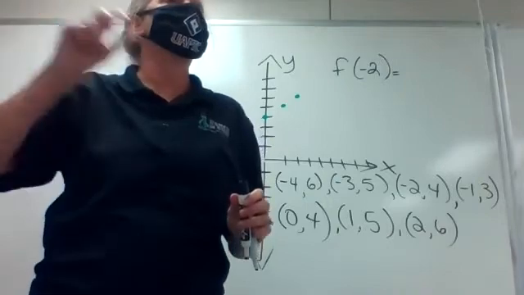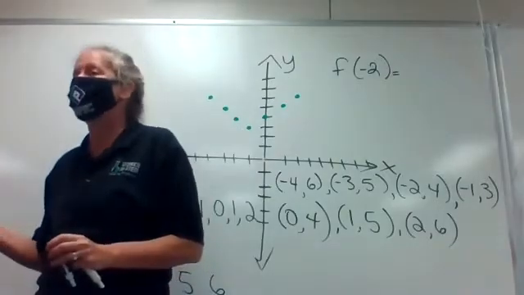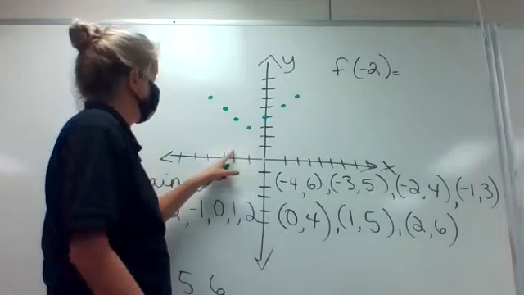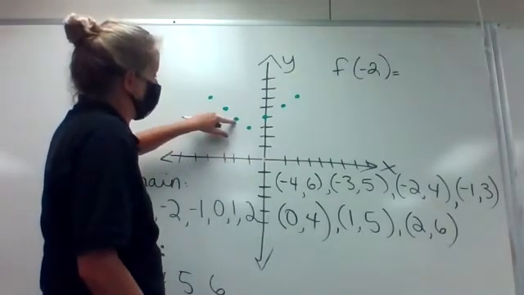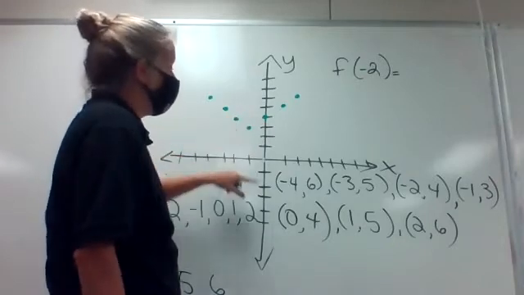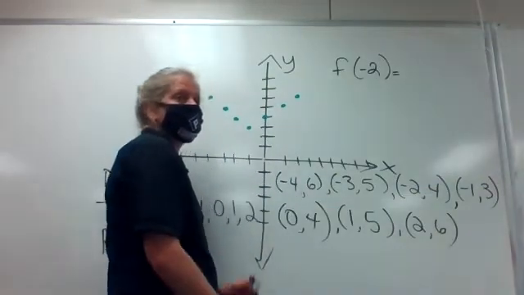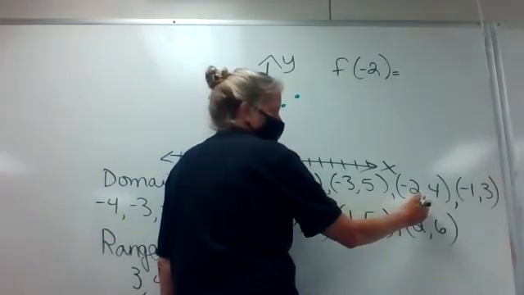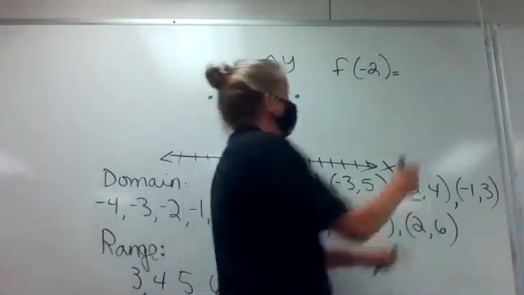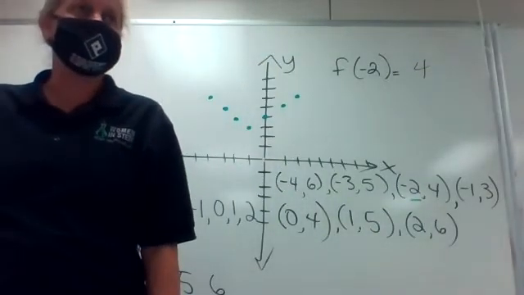So it wants to know what is f of -2, or in other words, what is the y when the x is -2? You can either find the x being -2 here, so there's where the x is -2, and trace it over to the y, or come to your points that you've written out. Find the one where the x is -2. What's the y that goes with it? 4. So when x is -2, y is 4.